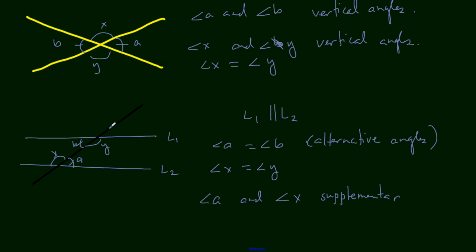If I put another one here, I will call it S. Then angle B is equal to angle S. Why? Because they are vertical angles.